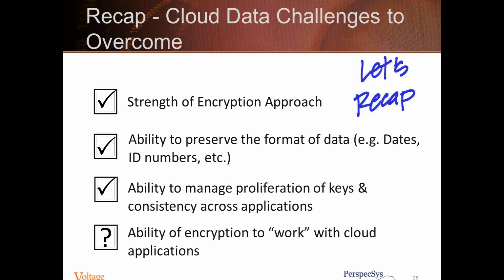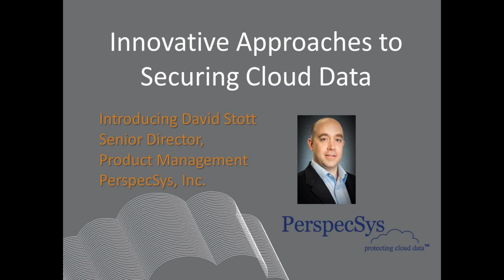Next up, we're going to take a look at how to make encryption work within the context of a cloud application. So now we have an effective lock with a scalable key management system. How do we make sure that locks and keys give users the experience that they expect, the seamless transparency and agility of the business application, the whole reason they went to the cloud in the first place? And I'm going to hand it back to Jerry to take a further examination of that.